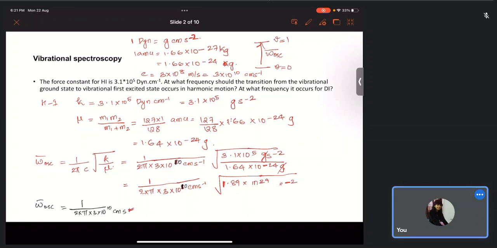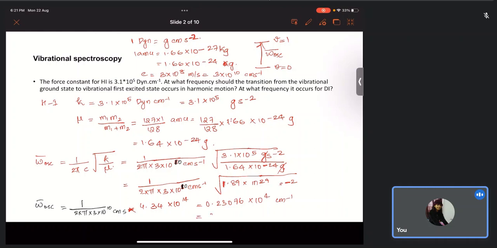So multiplied by 4.34 into 10 to the power 14, this will become 10 to the power 4 centimeter inverse.